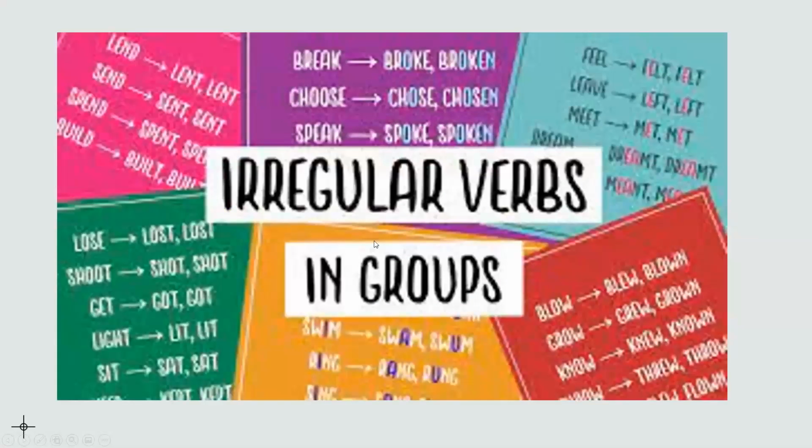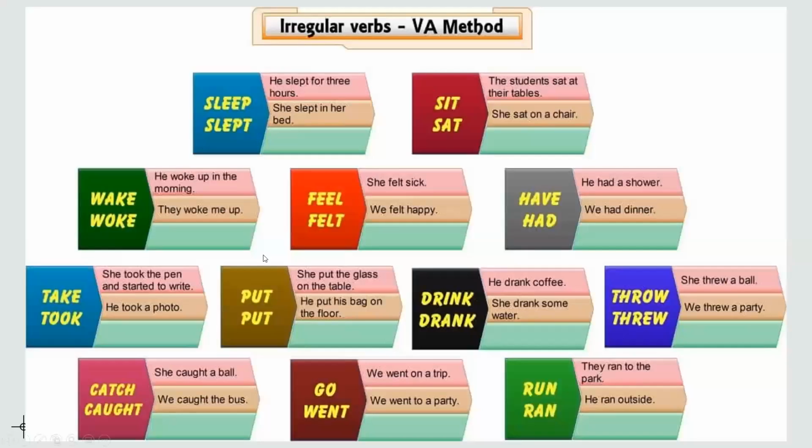Then we have the irregular verbs that can be divided into groups. These verbs are irregular, and most of them come from Old English. The new verbs generally are regular. Here we have a method that divides the different verbs into different groups.